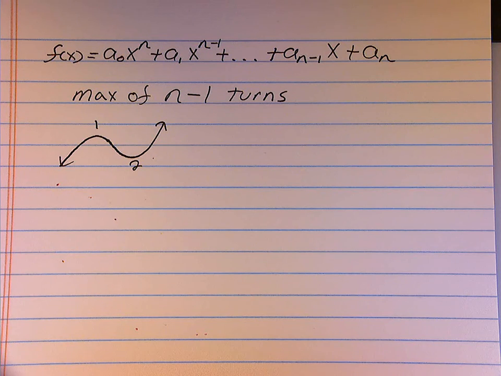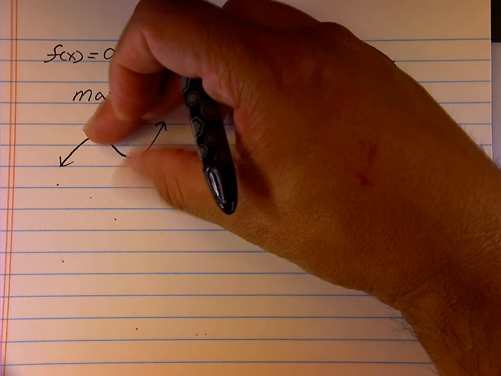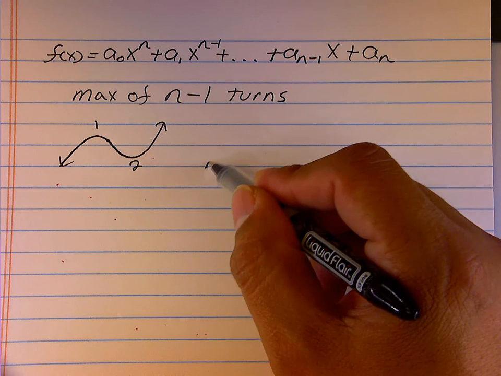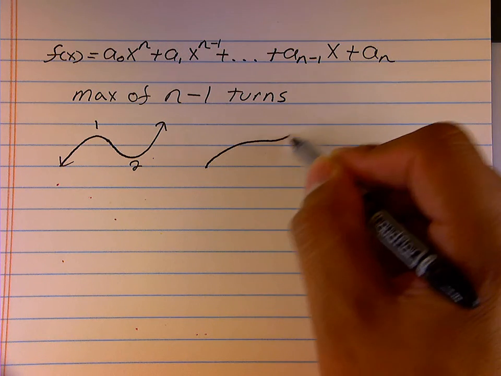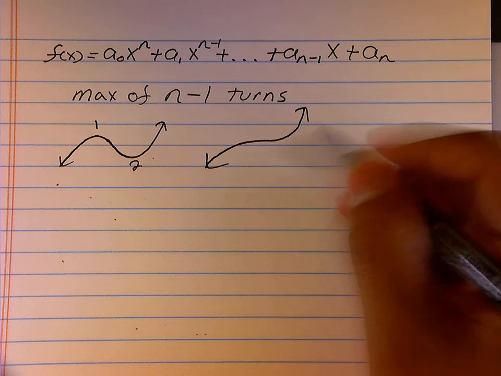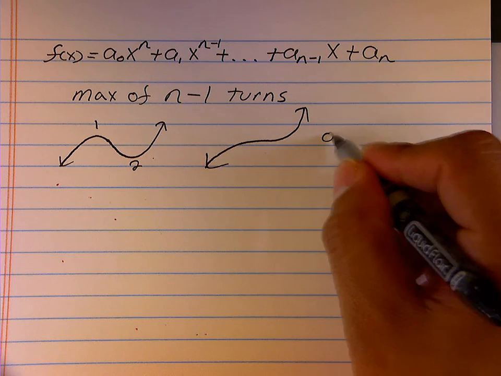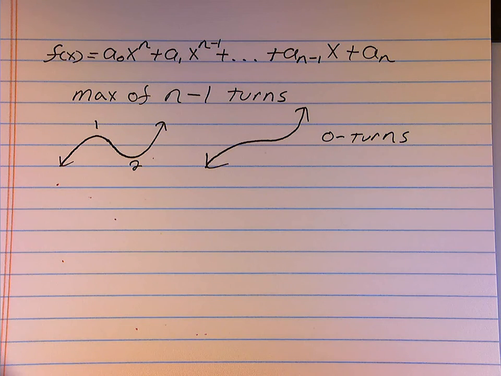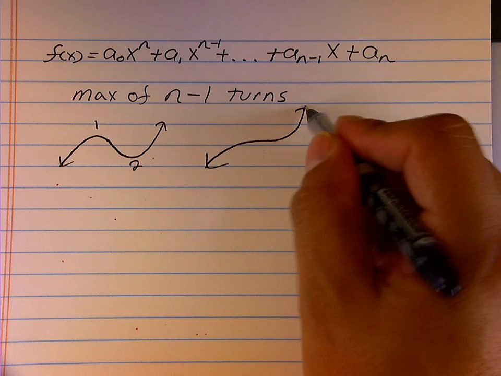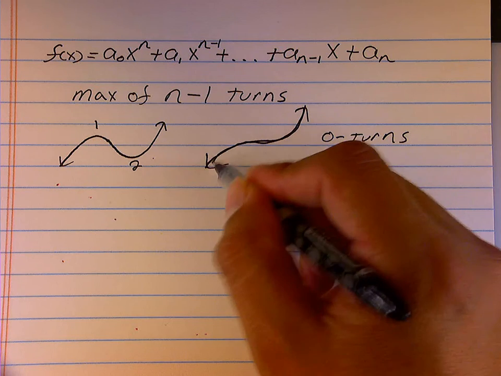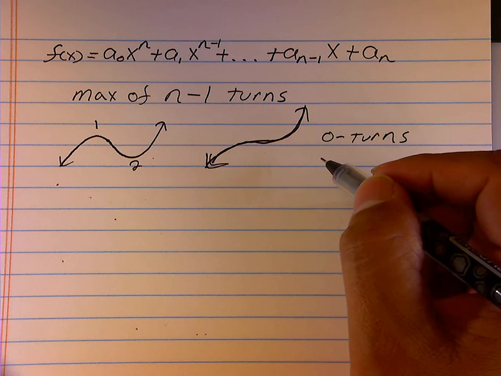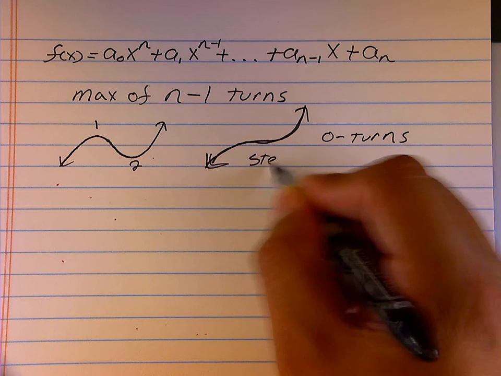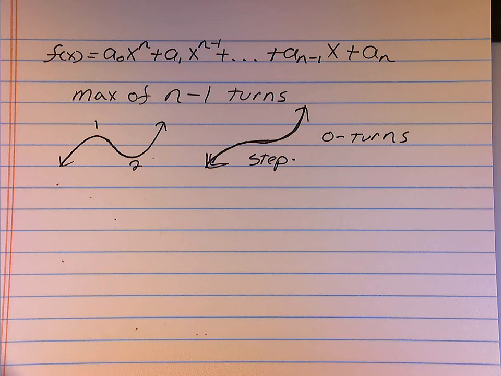However, it's very important to note that if I was to push these together, the graph could end up looking like this. This graph technically has 0 turns because the graph is always increasing. But what you should notice about this graph is that it really looks like I had 2 turns smashed into one. This is sometimes referred to as a step.